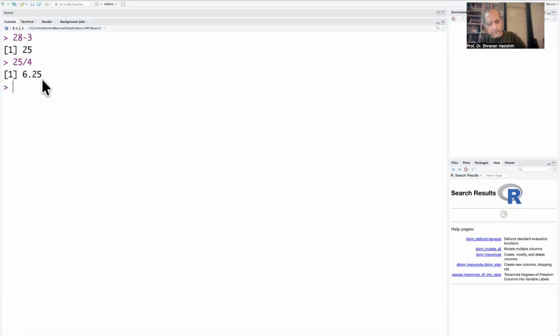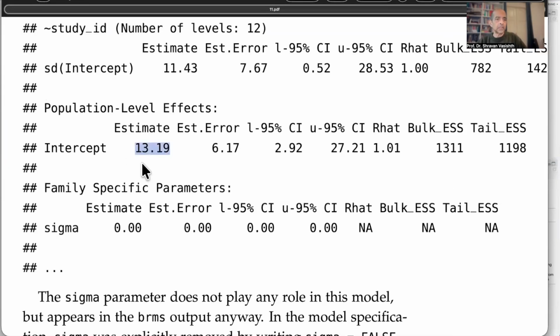I can make it a little bit bigger and make it 7 or something. So let's say 13 is the mean and 7 is the standard deviation. That is an informative prior that I could plug into my Bayesian model, and my new data would then be informed by this prior.